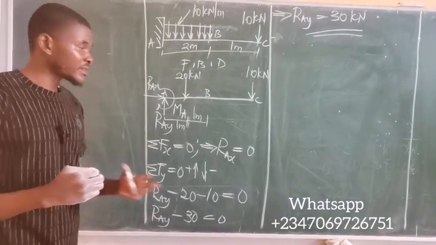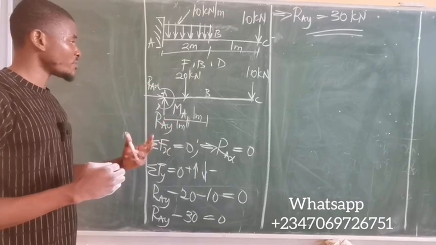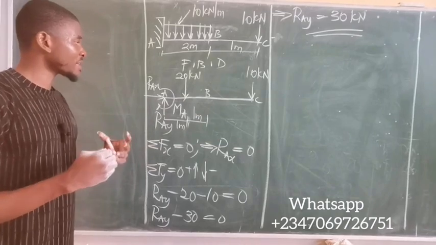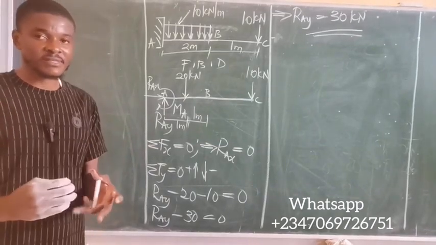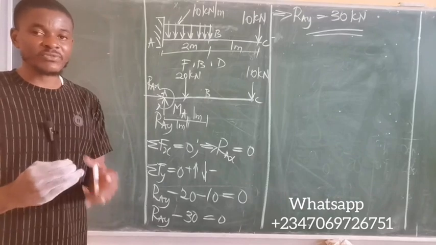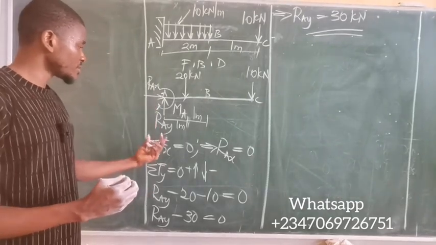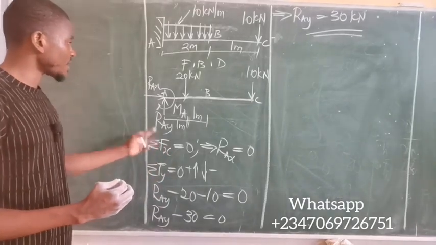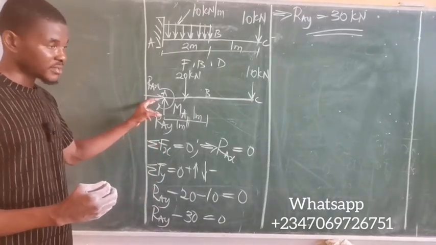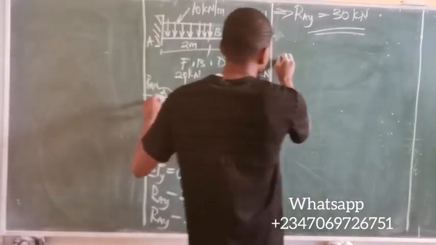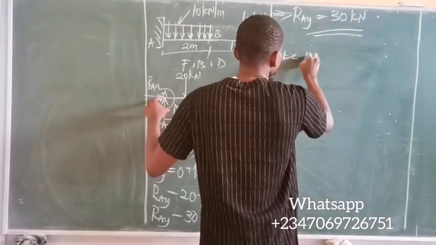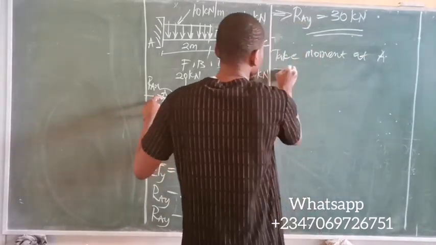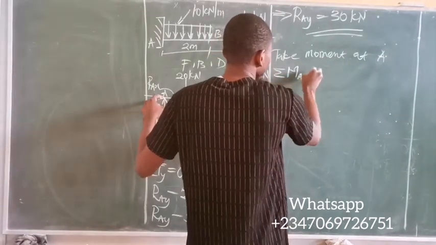The next reaction to find is the moment at point A. To find this moment, you simply take moments of forces about any point on the beam. I always say take moment about the point where you have numerous forces, so that the moment of those forces at that point becomes 0. Since we have two forces here, RAY and RAX at point A, simply take moment at point A. The summation of the entire moment at point A is equal to 0.